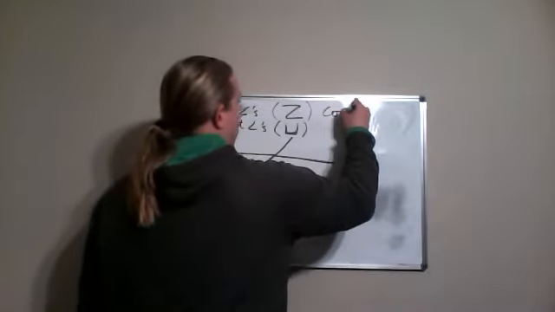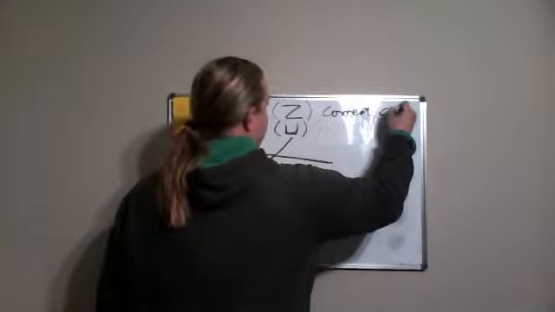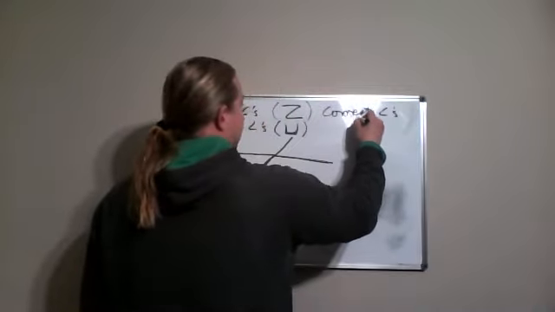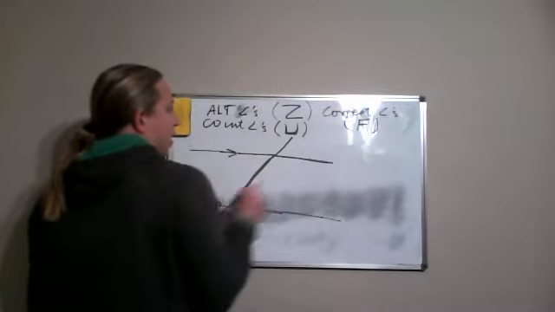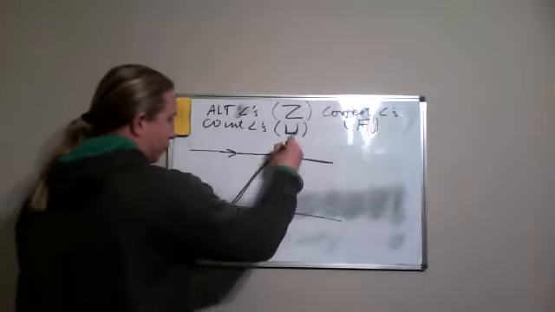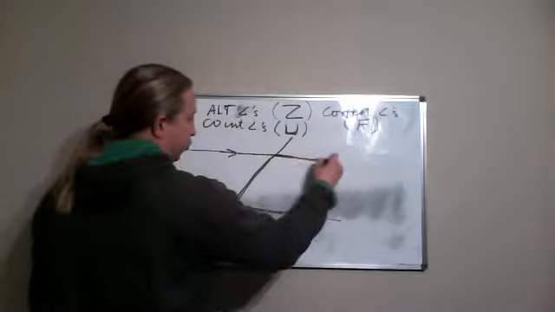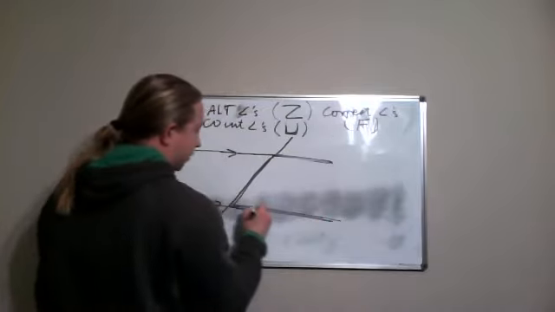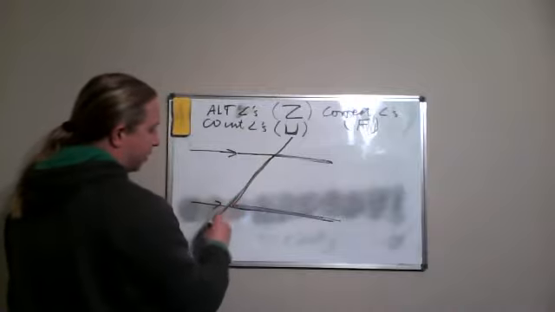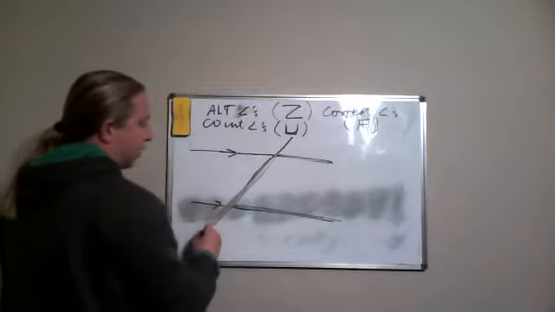Corresponding angles, and the letter for that is F. The letter F is formed over here. So there's my two top bits which form the parallel bits. So there's my F and there's my solid bar going down the middle.